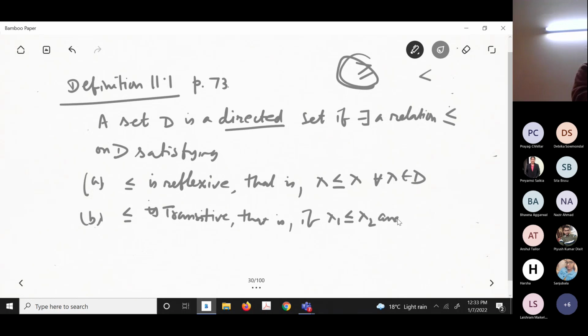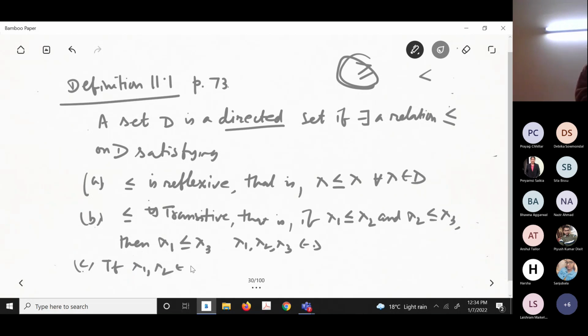And lambda 2 less than or equal to lambda 3, then okay. And finally C, that is, if lambda 1, lambda 2 belongs to D, still bigger, that means these will be smaller.